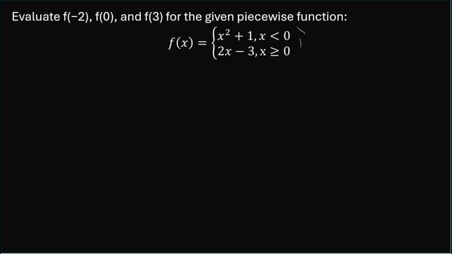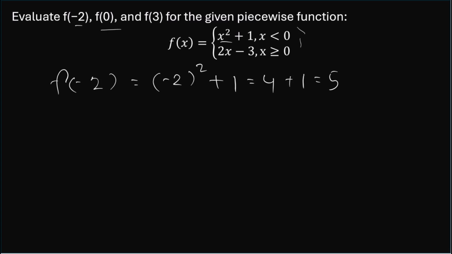So here you can see minus 2 is less than 0, so for f of minus 2 the function will be the first one, x squared plus 1. So we replace x by minus 2: minus 2 power 2 plus 1, so we will get 4 plus 1 equal 5.